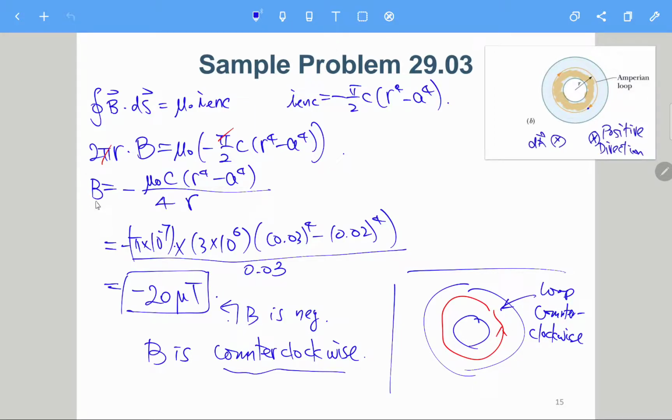You will still get the B field to be the same value, 20 mT, and B is still counterclockwise. It doesn't really matter how you define the loop direction. You define it either way, and you can still get the correct answer.